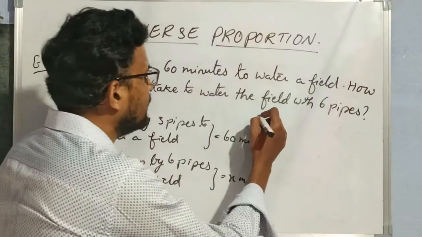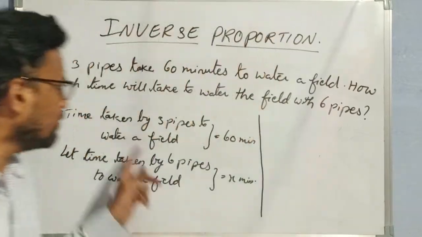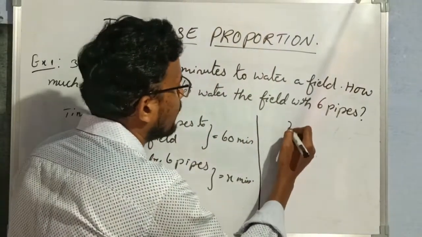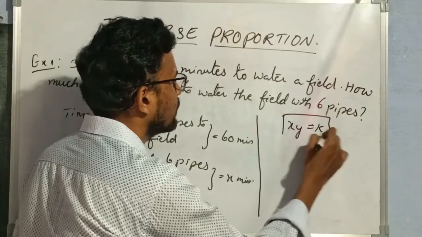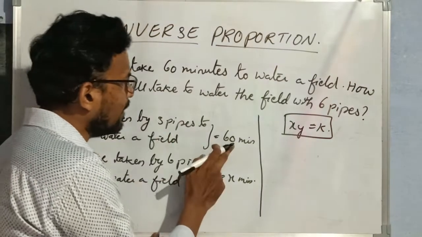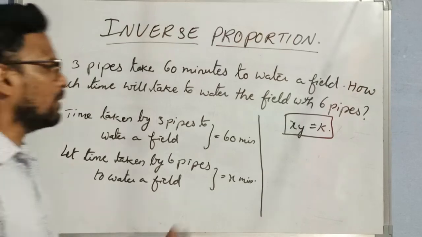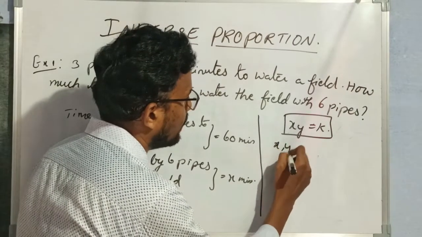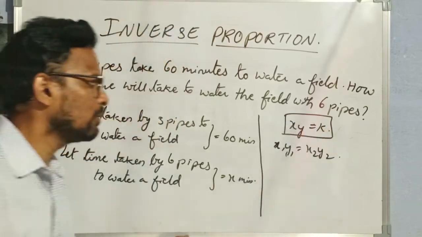So now our condition is, since this is inverse proportion, we have to take the condition that x into y is equal to k. That means x1 y1 is equal to x2 y2, like that you have to take.